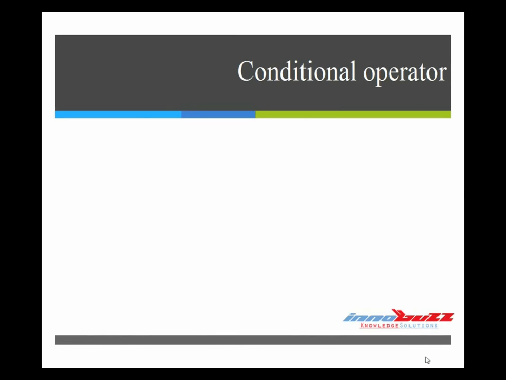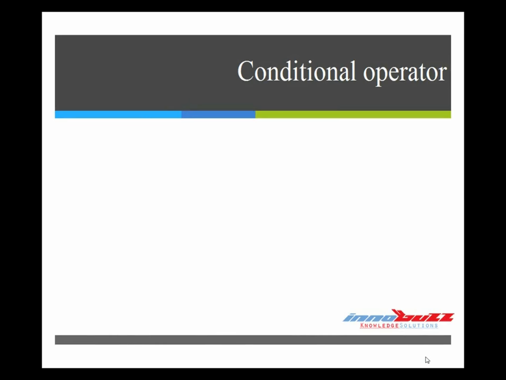There is another way to decide between program parts considering conditions. There is a conditional statement which is called conditional operator or ternary operator. Sometimes it is easier and more compact to use this operator instead of the if-else statement.